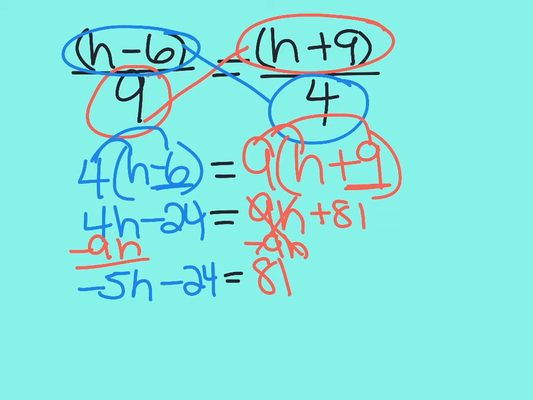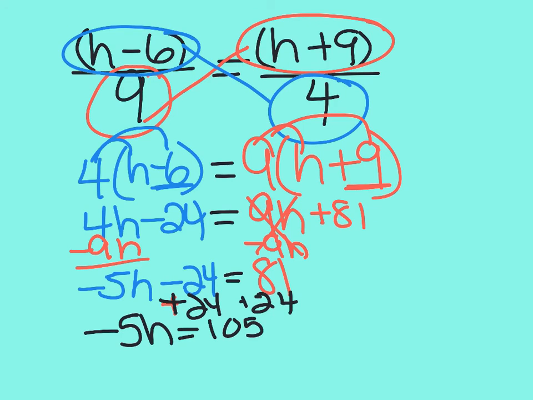This is where I'll start doing the opposite to isolate my variable. I've got minus 24, so I'm going to get rid of it by adding 24 on both sides. That's going to leave me with -5h equals 105.